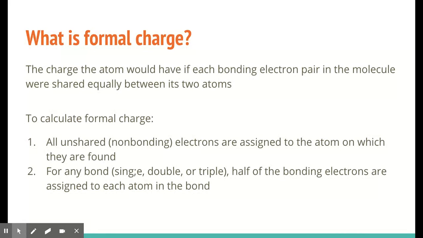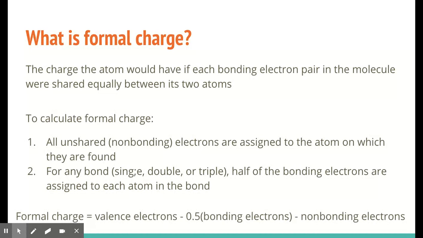So a single bond has 2 electrons, one of those electrons goes to one of the atoms, the other electron goes to the other. So the equation is formal charge equals the number of valence electrons of that atom minus 1/2 of the bonding electrons minus the non-bonding electrons.